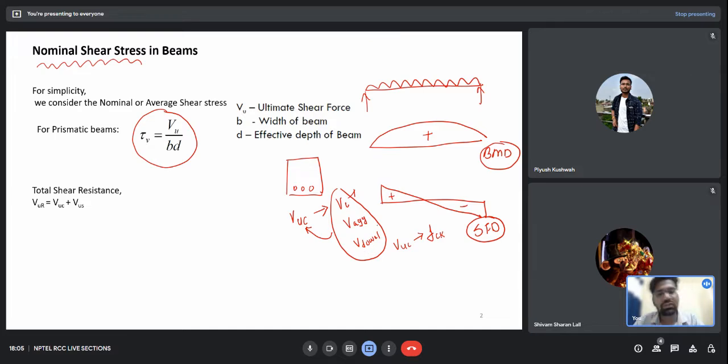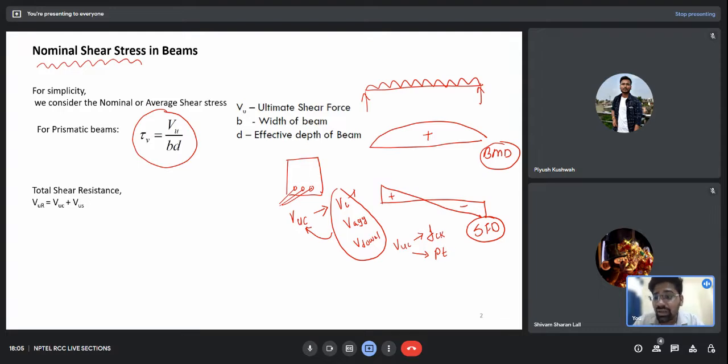For V dowel, we should also know the amount of reinforcement provided in the tensile zone. So for the calculation of VUC, what I need firstly is the fck, and the second is the percentage of reinforcement in the tensile zone. These two factors are required in order to find the shear resisted by the concrete itself.